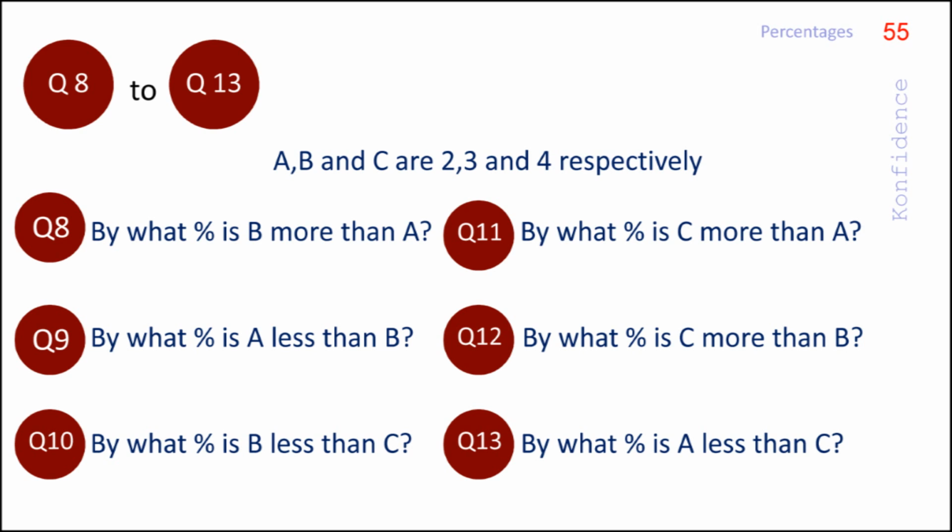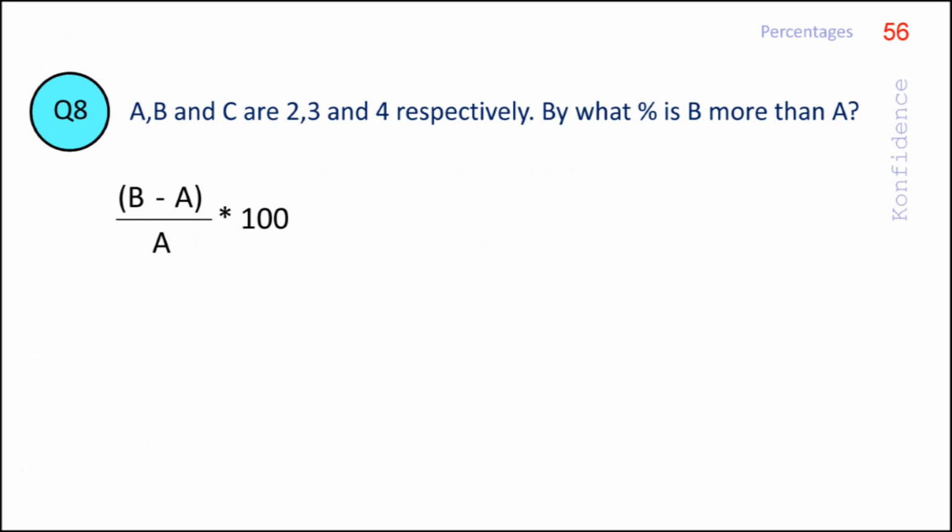Here again, I will urge you to read the questions carefully and identify the basis of calculations. In question number 8, the answer would be (B minus A) divided by A into 100, that is equal to 50%.